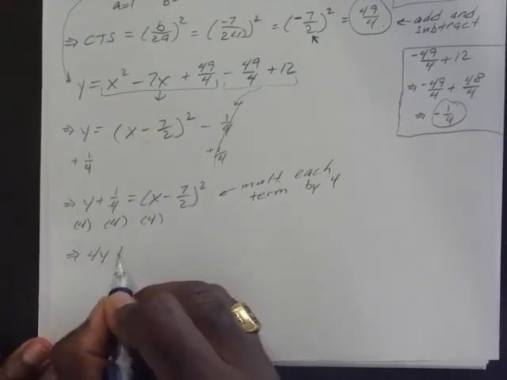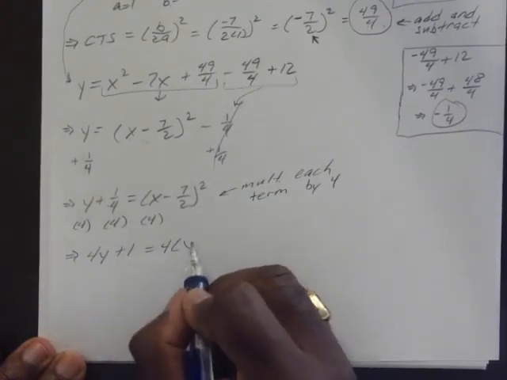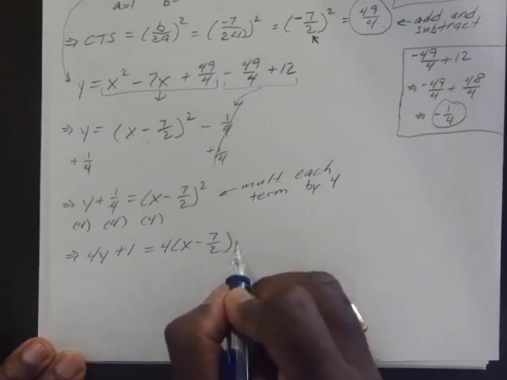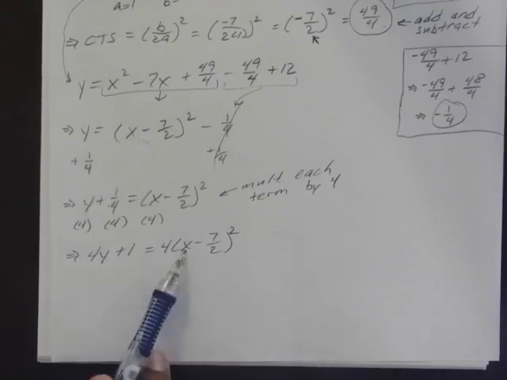That gives us 4y plus 1 is equal to 4 times x minus 7/2 squared. So now we can go ahead and solve for x, because all we have to do is square root both sides.